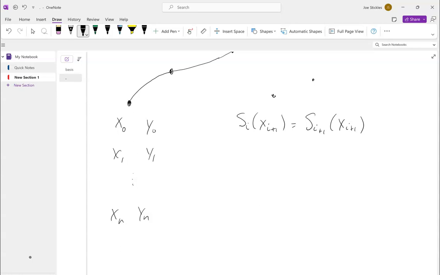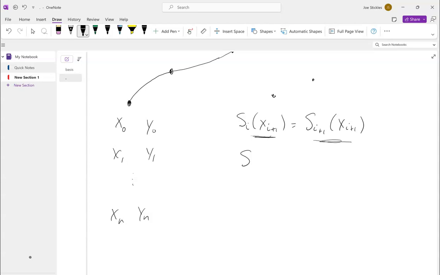So if we think about the interval going from x sub i to x sub i plus 1, I make sure that my right value coming out of the cubic polynomial going from x sub i to x sub i plus 1 matches that left-hand endpoint.